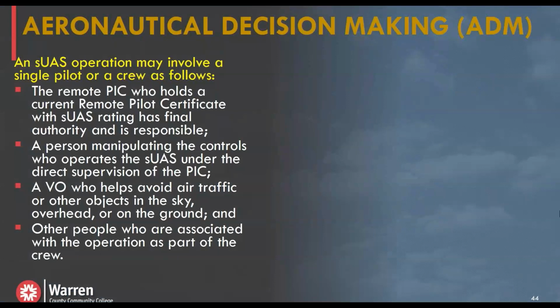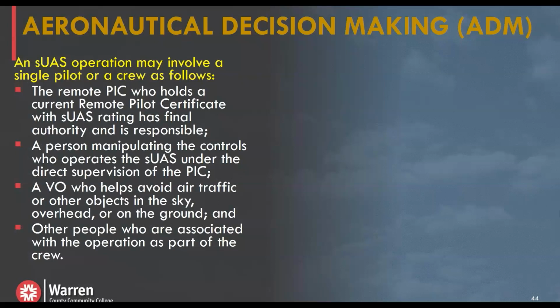Now we're going to talk a little bit, very briefly, about aeronautical decision-making, otherwise known as ADM. An unmanned aircraft system operation may involve a single pilot or crew as follows. The remote pilot who holds a current remote pilot certificate with a UAS rating has final authority and is ultimately responsible. So the licensed pilot.